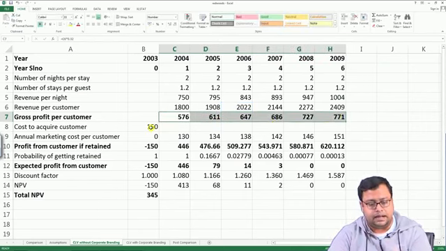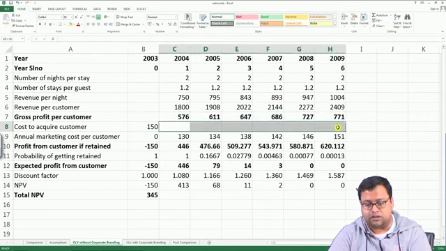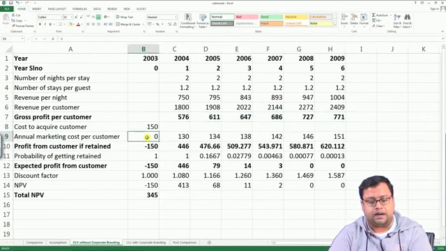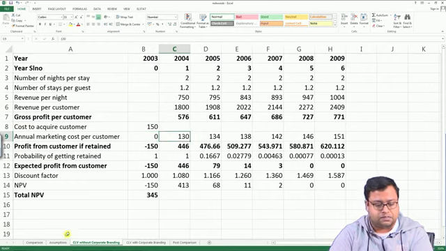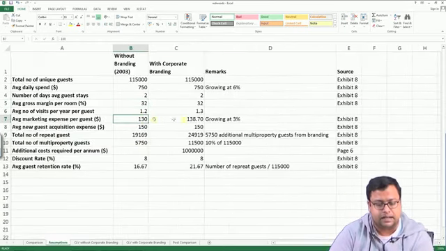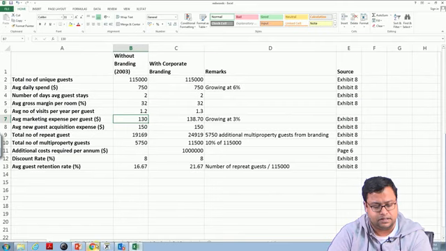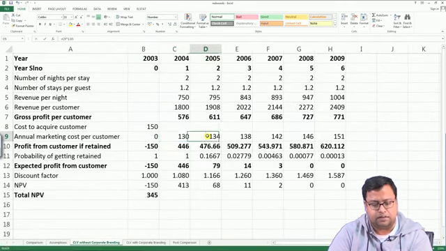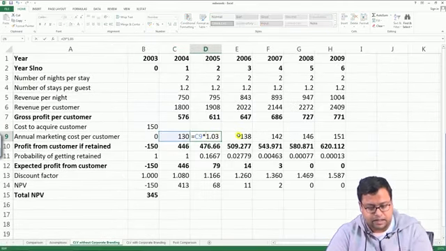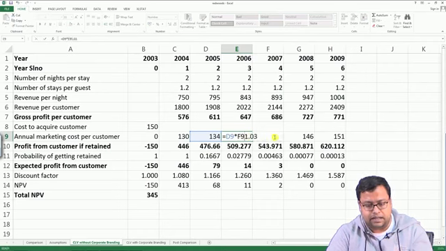And this is the first year acquisition. So, no other acquisition cost, and the first year marketing cost is 0. The second year's marketing cost is 130, and that is increasing at a rate of 3%. So, 130, then 130 into 1.03, that into 1.03, that into 1.03, and so on, it is increasing.